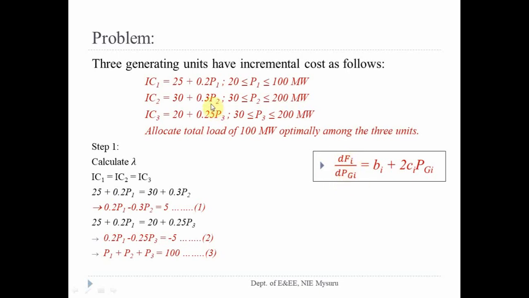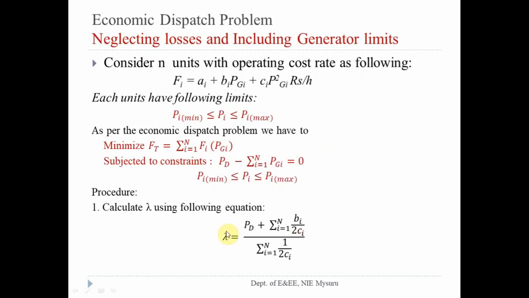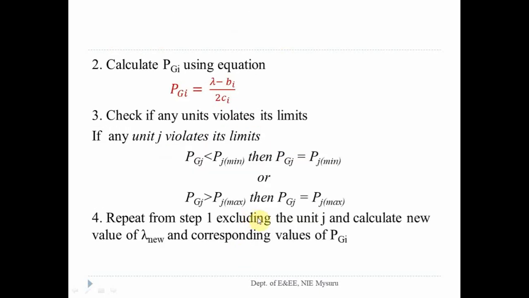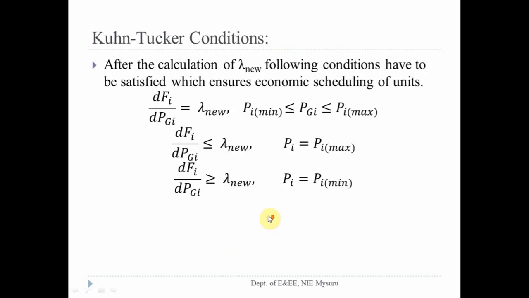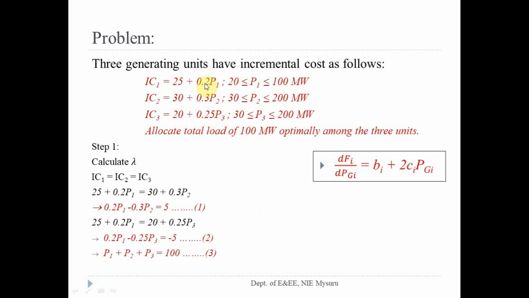There are n number of ways of solving a problem. One way is we can use this particular expression, and when you use it, keep in mind that this 0.2, the coefficient of P1 here, is the value of 2C_i.